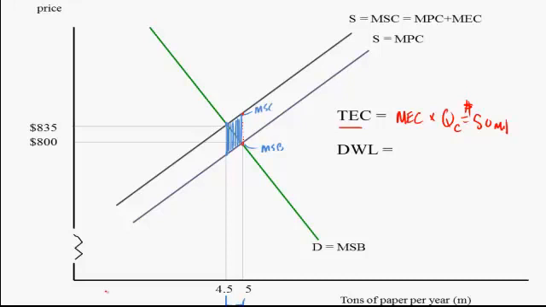So if the blue area represents the gains of the reduced pollution, this triangle underneath here actually represents the losses as a result of producing less of this product than what we had originally.